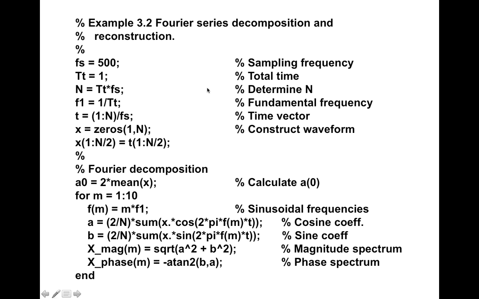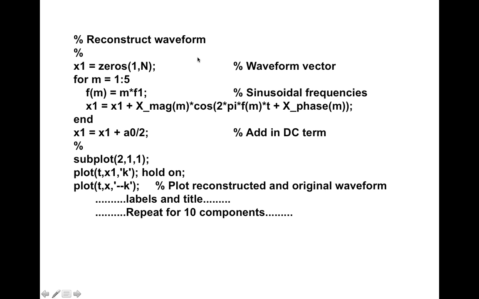So here is how the decomposition is done. Here are the cosine coefficients and the sine coefficients. And then here's the magnitude and the phase spectrum. So then we reconstruct the waveform by creating the Fourier series.